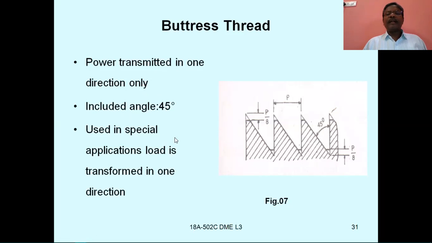In the profile, one side is straight and vertical and the other is inclined, and this angle is 45 degrees. It is used in special applications where load or power is transmitted in one direction only.